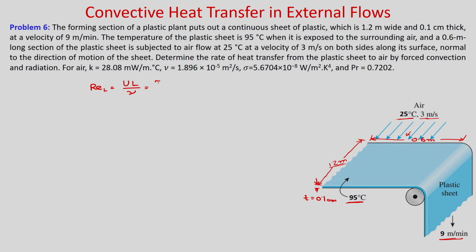So, this is 3 into 1.2 meter divided by nu, which is given here as 1.896 into 10 to the power minus 5. If you calculate the Reynolds number, it will come as 1.899 into 10 to the power 5, and you can see the flow is laminar.